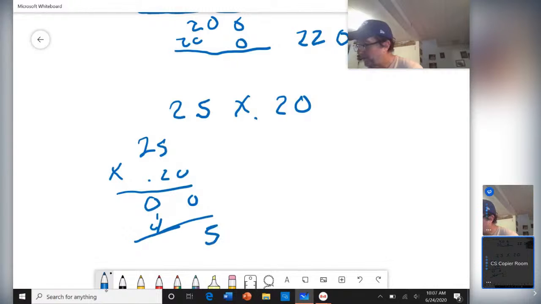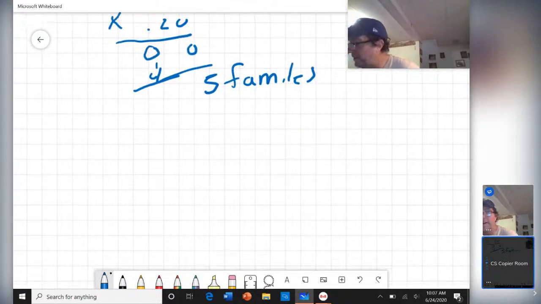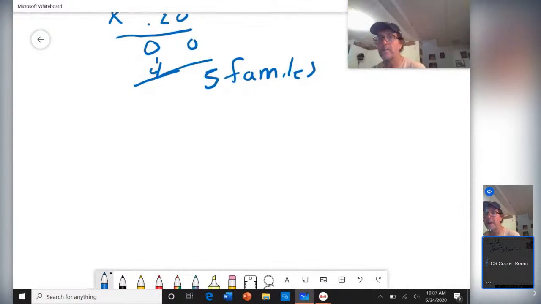So you get 5 families own a pug. Okay. I want to do one more for you. And this one, I want you just to think about, and you might not have to do any multiplication. And it's number 4.